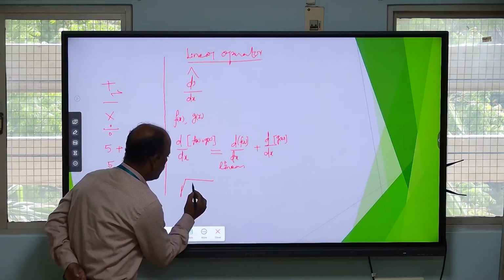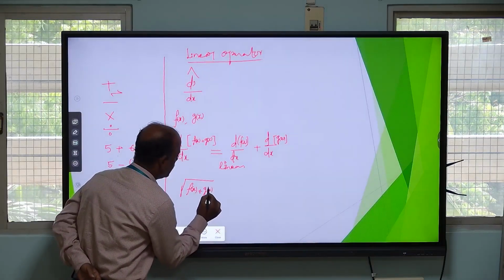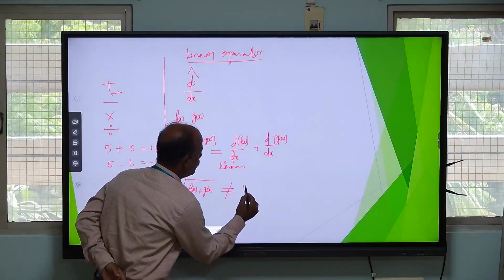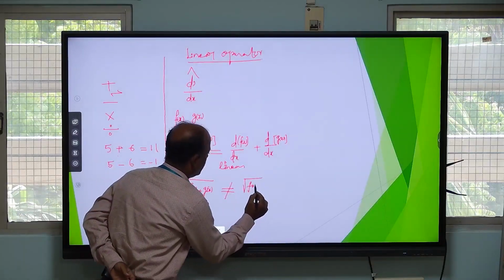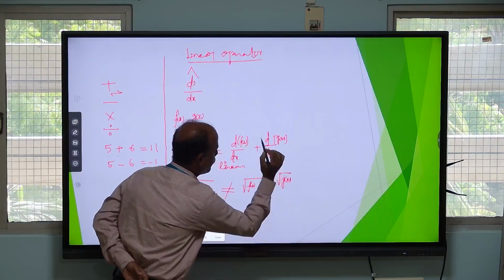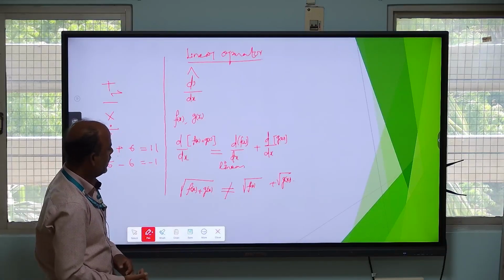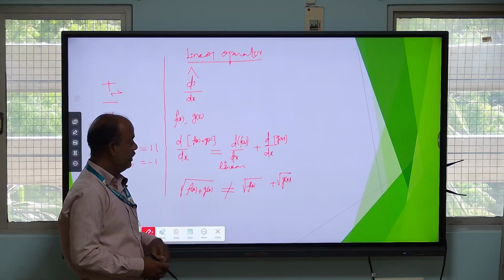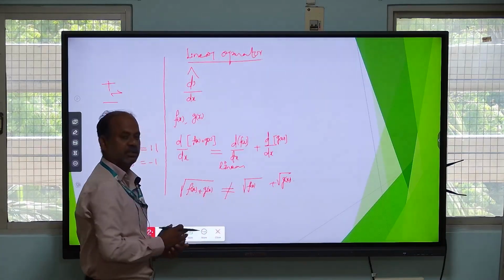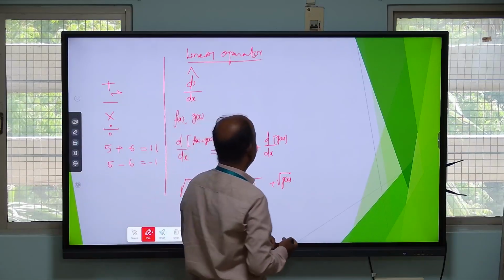Root of f of x plus g of x is not equal to root f of x plus root g of x. So we may easily identify that root is an operator, but it is not a linear operator, because the left hand side and right hand side will not be equal.